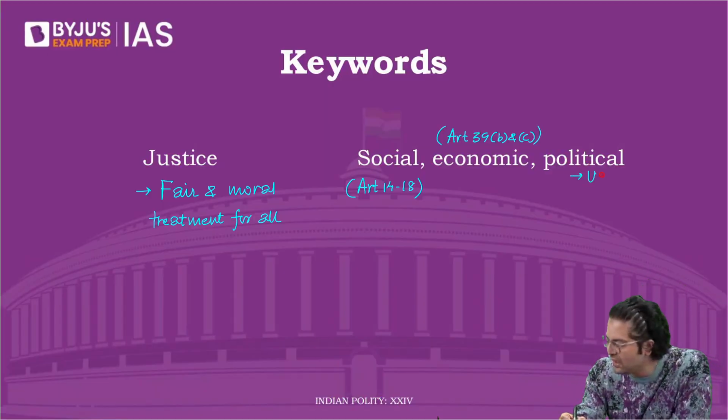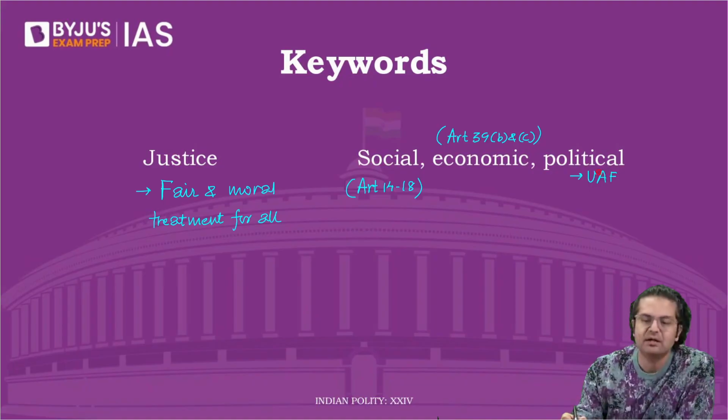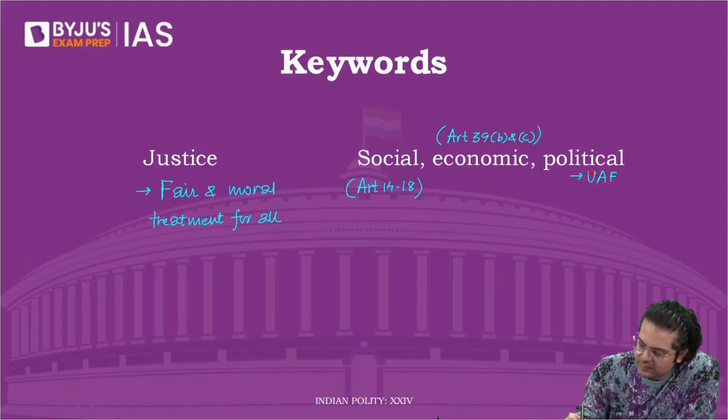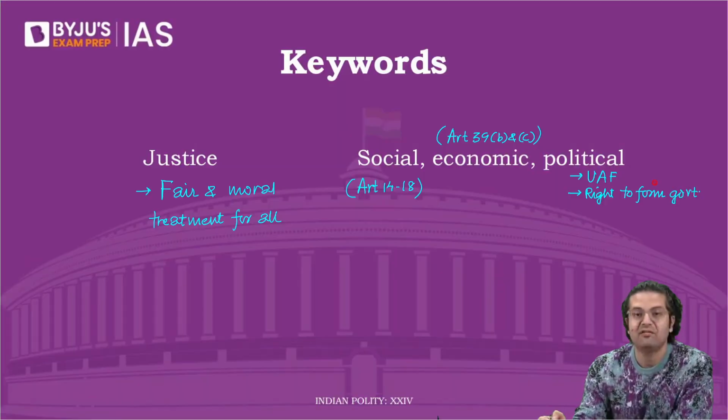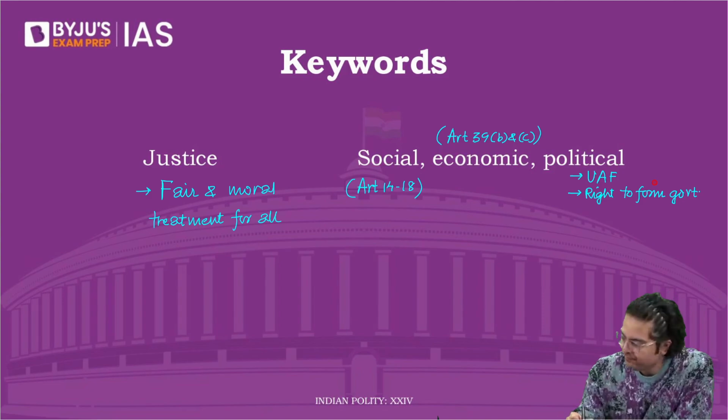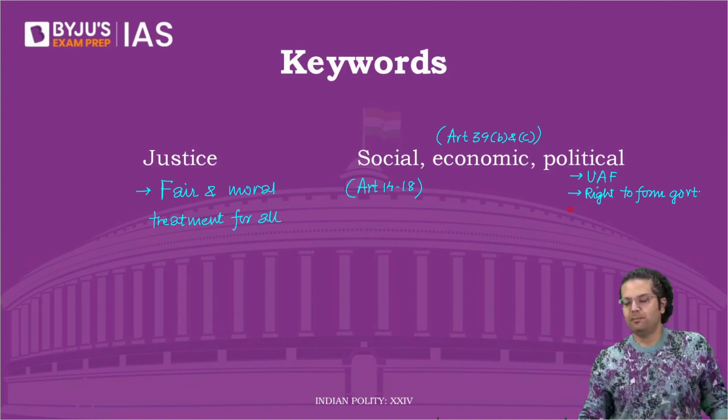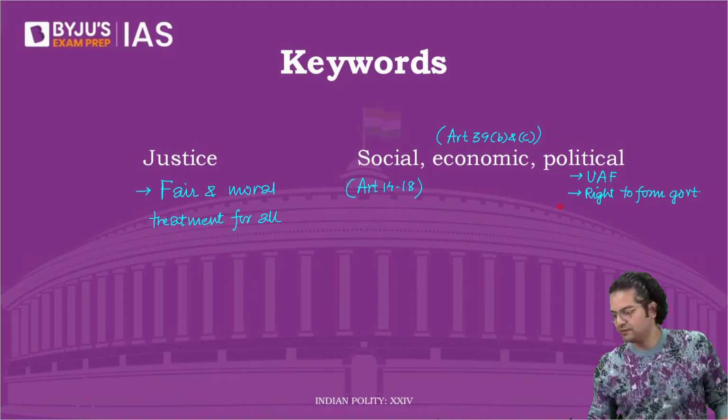What is UAF? Universal adult franchise. Things like the right to form the government, a right to participate in political affairs, etc. This is what is called political justice.